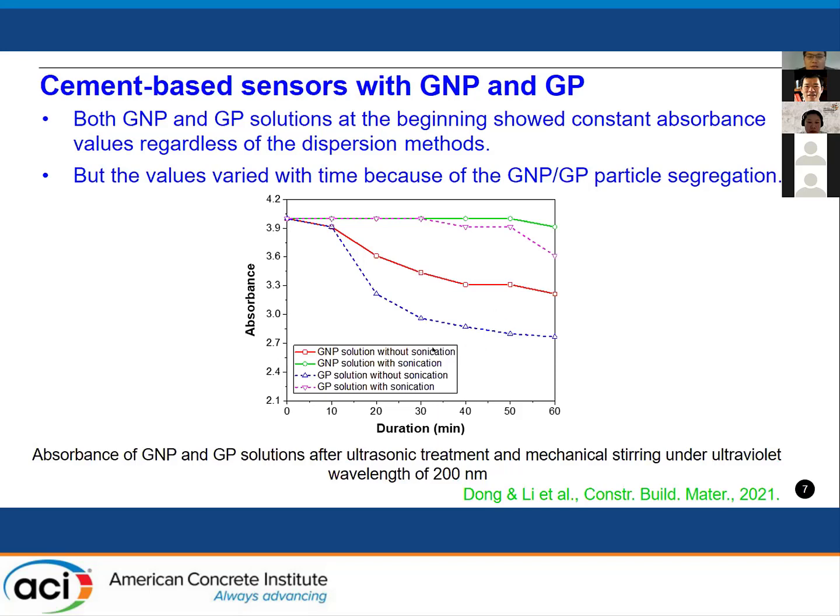Additionally, as we can see from these figures, the GNP dispersion is much better than the GP with the same treatment. It means the dispersion efficiency of GNP is better than the GP with the same treatment.